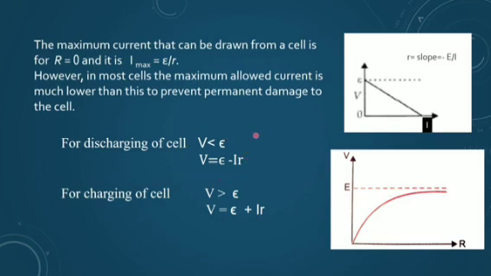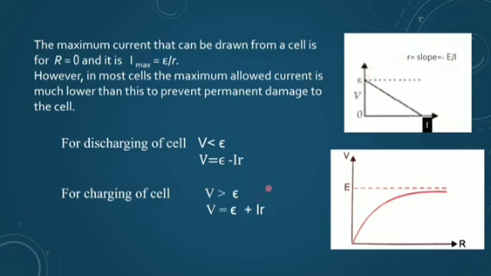And for this formula, if I plot the graph for epsilon or V with I, then the graph comes like this, with a decreasing value of your voltage, and at this point it is becoming equal to 0. And this slope, which is negative of E upon I, is giving you the internal resistance of that cell.